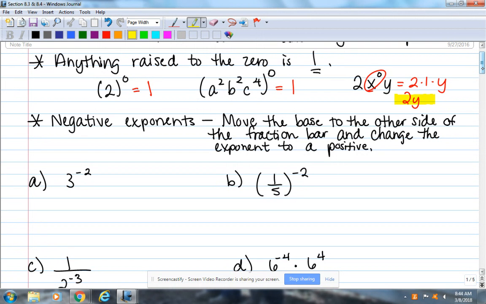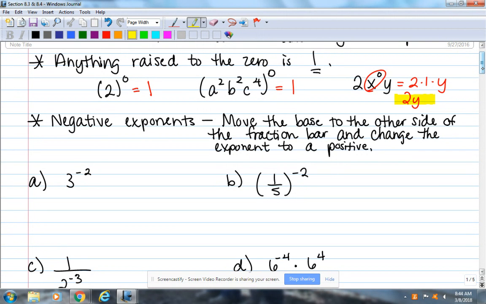So the way we get rid of negative exponents is we move the base to the other part of the fraction. Now, what do you think I'm talking about when I say other part of the fraction? Yeah, a numerator will go to the denominator and a denominator will go to the numerator, all right? So we move that base with the x on it to the other part of the fraction, and then we change the sign of the exponent to a positive, okay? So moving it changes it to a positive.